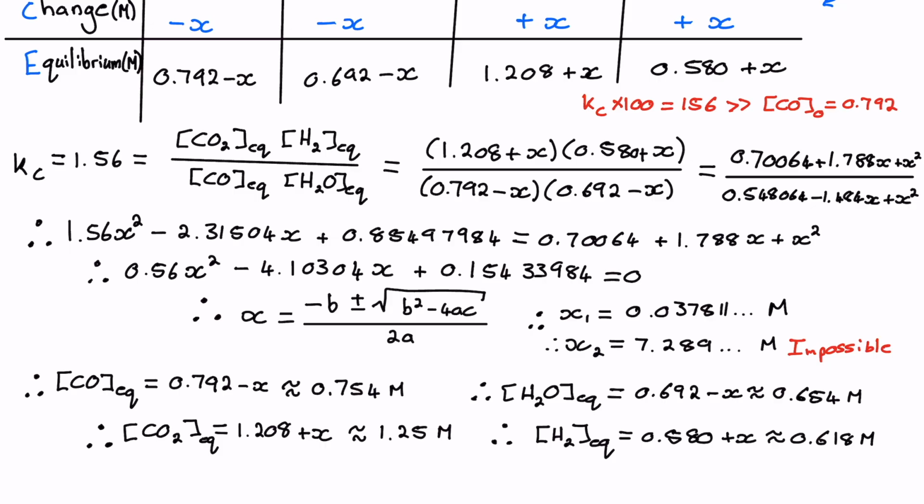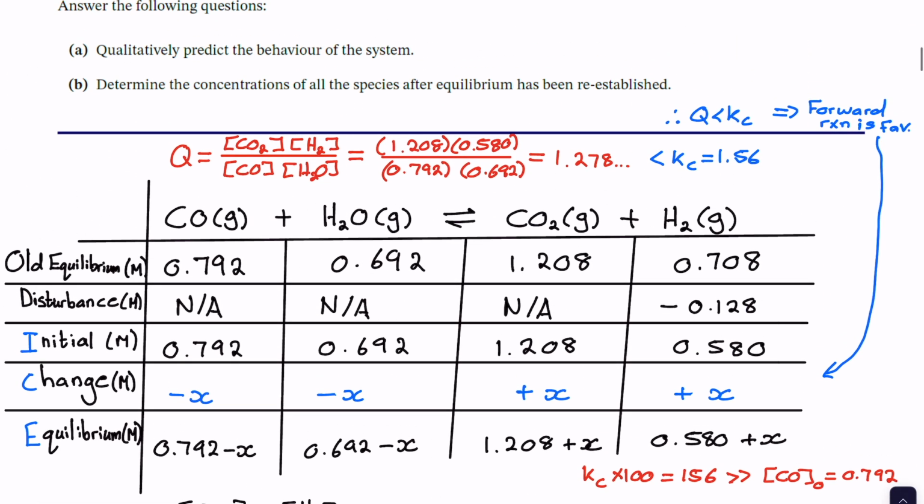Alright, that is everything that we wanted to do. We saw that our Q agreed with our prediction of how the system is going to respond. We said there was hydrogen gas pumped out, so our system would want to respond in a manner that produces hydrogen gas again. So the forward reaction is going to be established, or the equilibrium shifts to the right. We saw that Q predicted that.